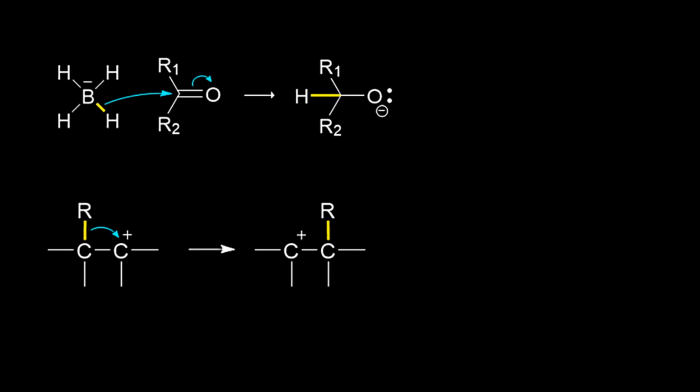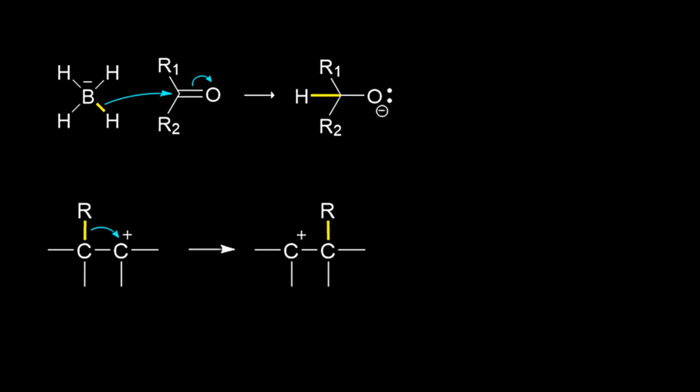When that bond breaks, the hydride takes the electrons and delivers them to the carbonyl carbon. At the same time, the pi bond in the carbonyl shifts its electrons up to the oxygen, and that helps stabilize the intermediate. That's why NaBH4 works so well as a reducing agent. It delivers a nucleophilic hydride straight to the electrophilic carbonyl carbon, and the product is a stable alcohol.